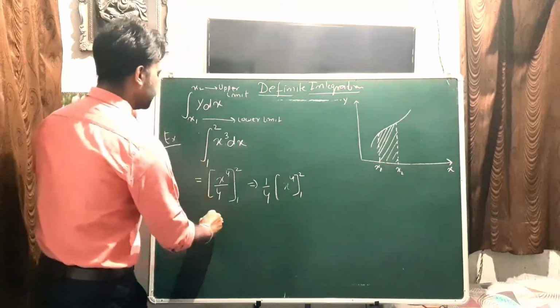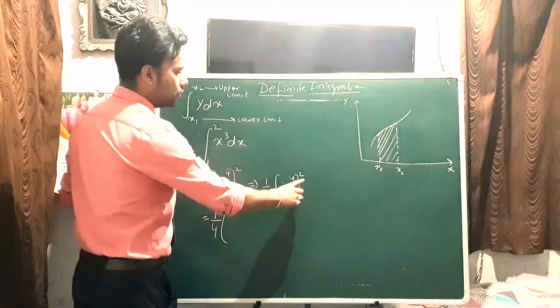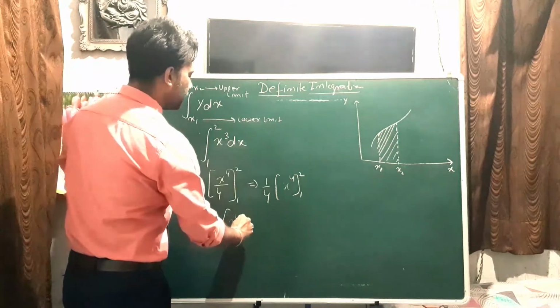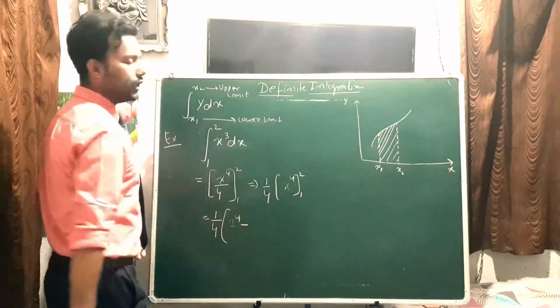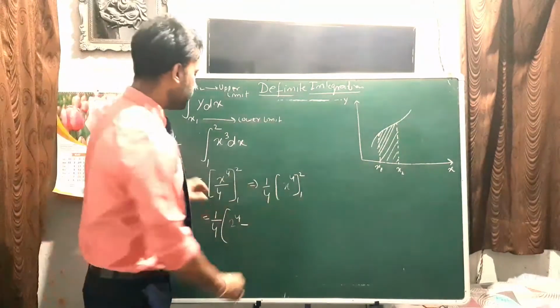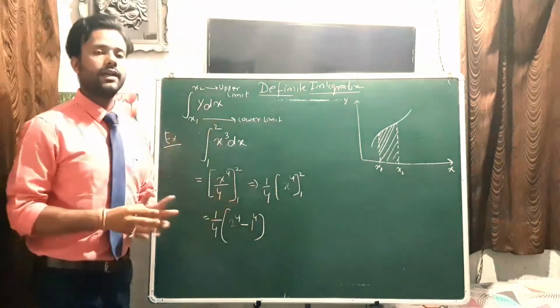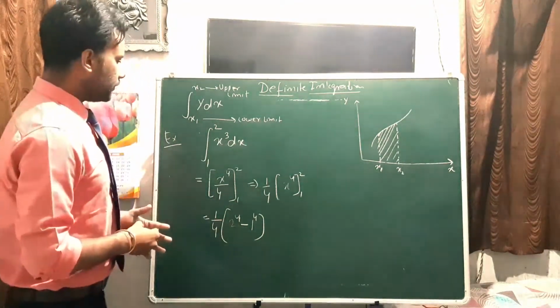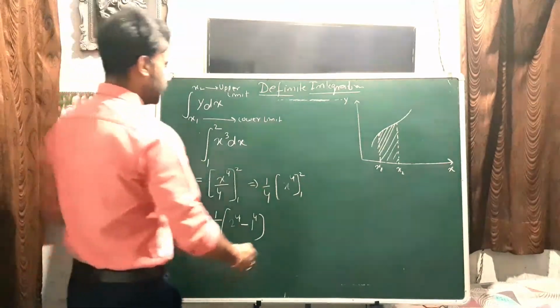It will be like this: 1 by 4 is common, the upper limit is 2, so in the place of x we'll write 2, it will become 2 to the power 4, and then minus the lower limit. So put the value of x equals 1, so 1 to the power 4. So here we have applied the limits. Now you can solve this. This will become 16 minus 1, that is 15, so 15 by 4 will be the answer.